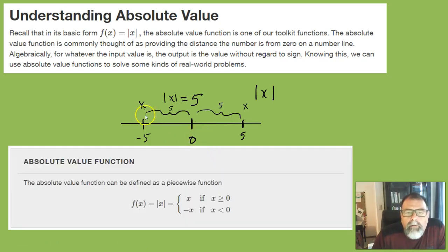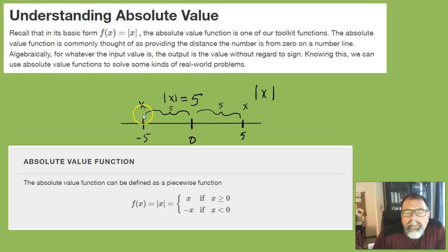And again, if we can think of absolute value in this context geometrically, as the distance from 0, then we can think of it algebraically as a split function, a piecewise function. So there's two cases. If x is a positive number, if this is over here at +5, you're just going to leave x alone. So it stays 5.